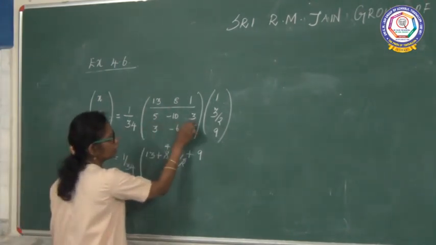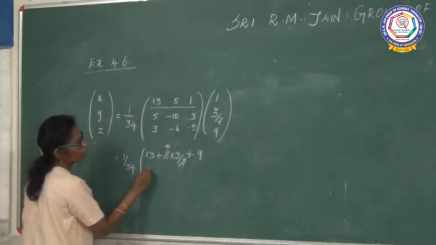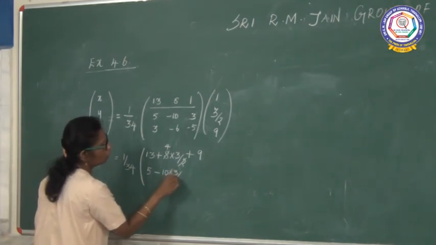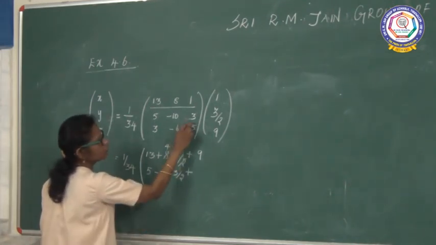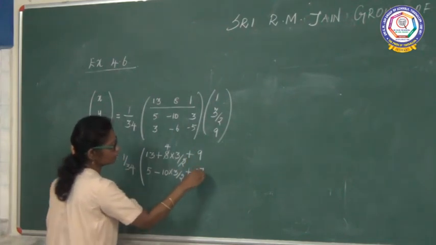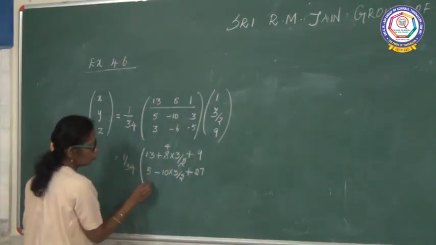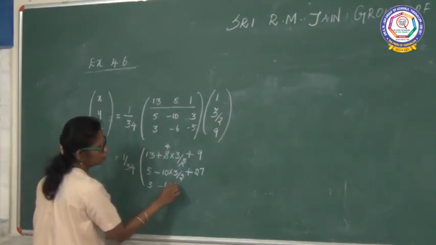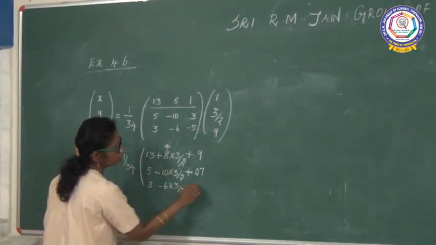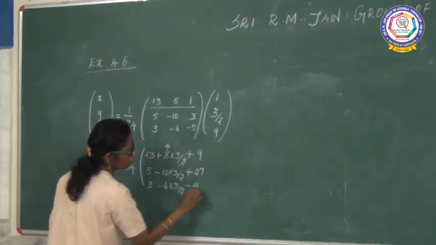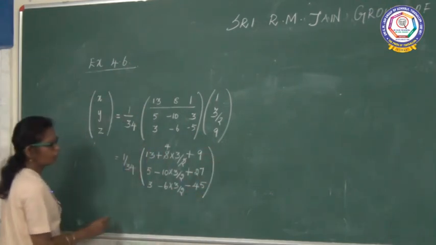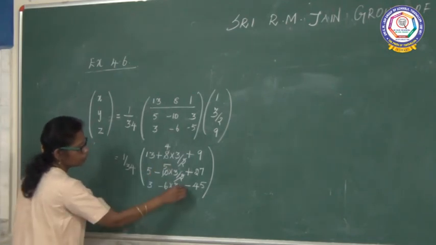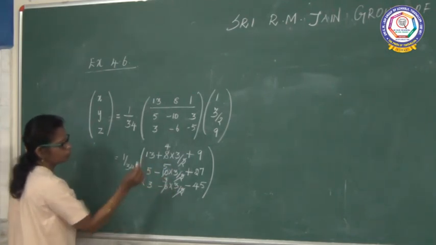The same way, second row: 5 minus 10 into 3 by 2 plus 3 nines are 27. Next, 3 into 1, 3 minus 6 into 3 by 2, minus 5 nines are 45. Here also the cancellation is possible.